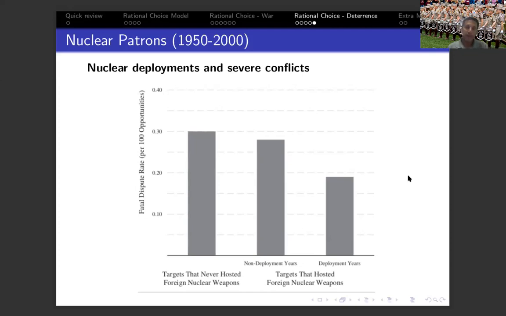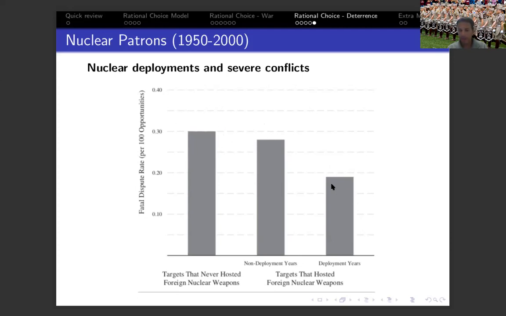At the same time, and this is what you see here on your screen now, placing nuclear weapons or nuclear related troops on the ground does not deter aggression or conflict. The average rate of fatalities when a target hosts foreign nuclear weapons and when they're not, they're almost the same.